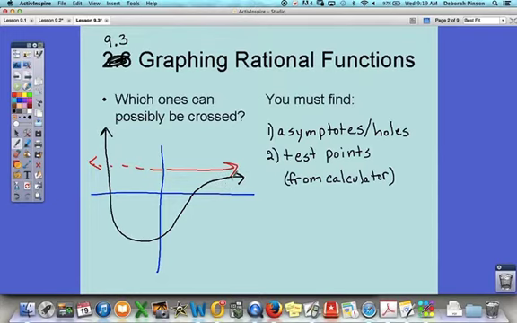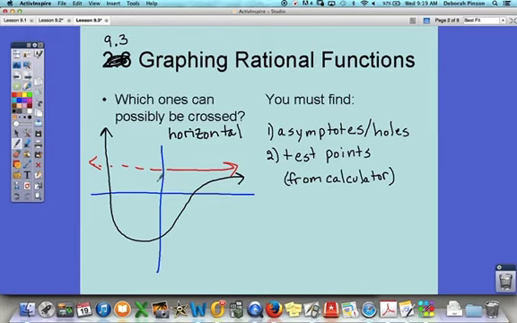It behaves like an asymptote, but it actually crosses over on the other side, kind of like it's half asymptote, half not. That can only happen with horizontal ones. Verticals and slants will never be crossed. But that does sometimes happen with horizontal asymptotes, so just a heads up on that.